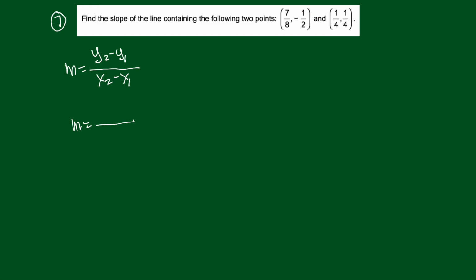All right, so second y is 1/4 minus the first y, which is negative 1/2, over second x. Now the second x is 1/4 minus the first x, 7/8. Now I can fix the top up a little bit. How about this? M is equal to 1/4 plus 1/2 all over 1/4 minus 7/8.